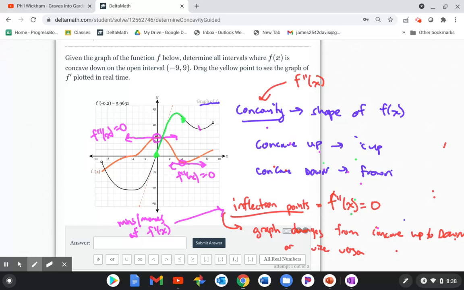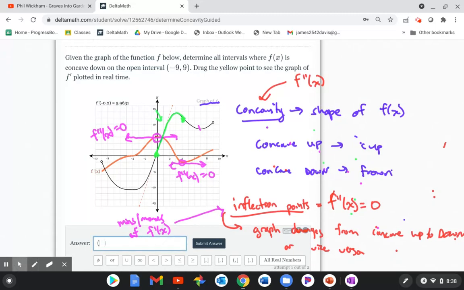So that section is where it's concave down, and all the rest is concave up. So we're just going to type in the interval 0 to 4. And again, there are no other mins or maxes on this first derivative, so there are no other places where it changes.